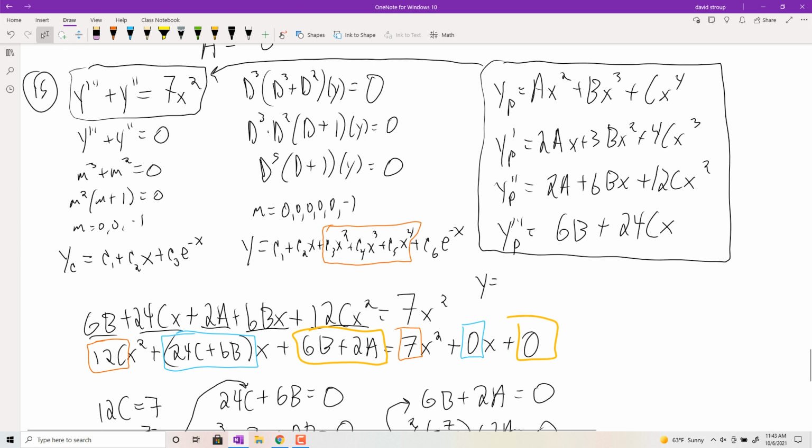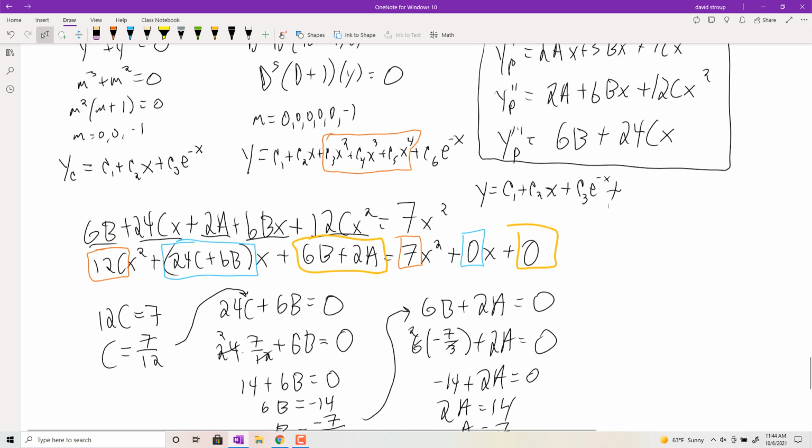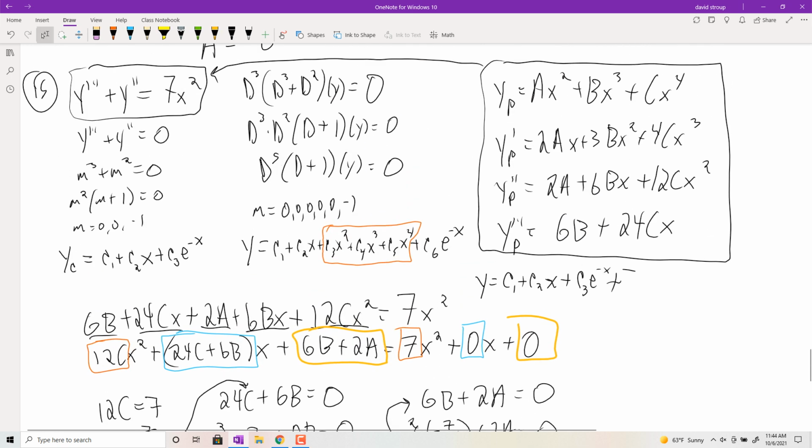And then I can plop that back into my solution form here. So y will equal y sub c, which is c1 plus c2 x plus c3 e to the negative x, plus y sub p with a, b, and c filled in, right? So a is 7, so plus 7x squared. B is negative 7/3, so minus 7/3 x cubed.